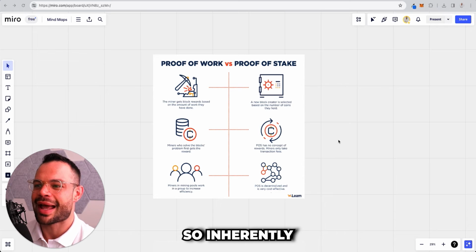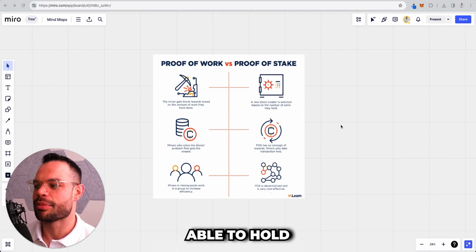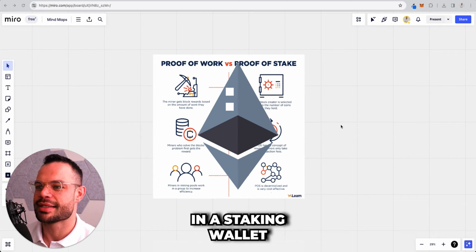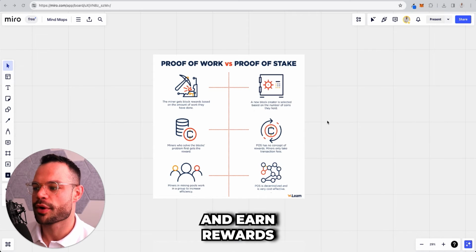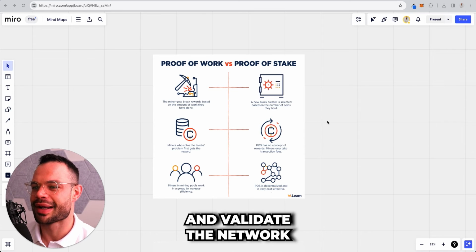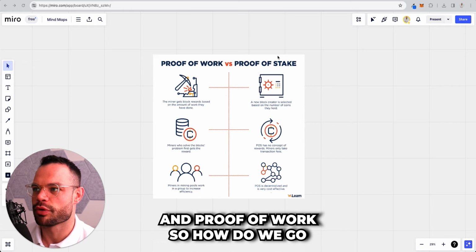Inherently, it comes back to the fact that you are able to hold Ethereum, for example, in a staking wallet and earn rewards for staking those coins and using them to help secure and validate the network. That's inherently the difference between proof of stake and proof of work.